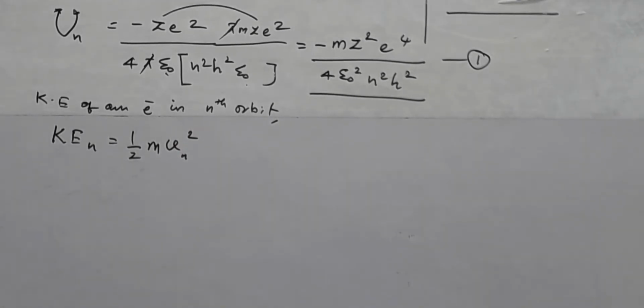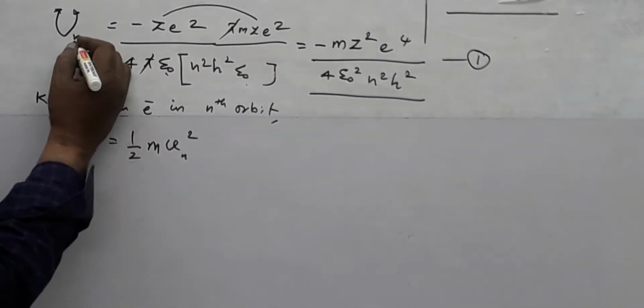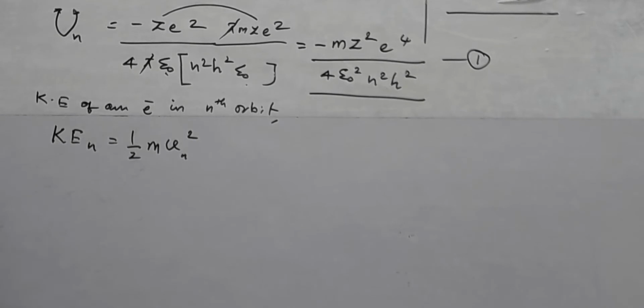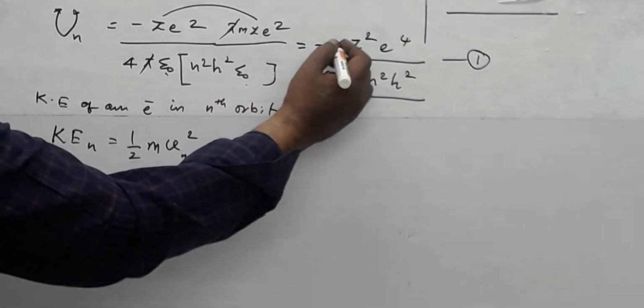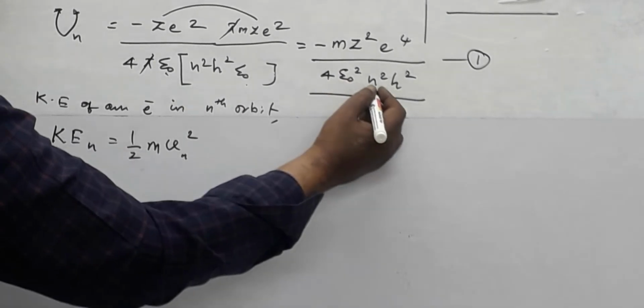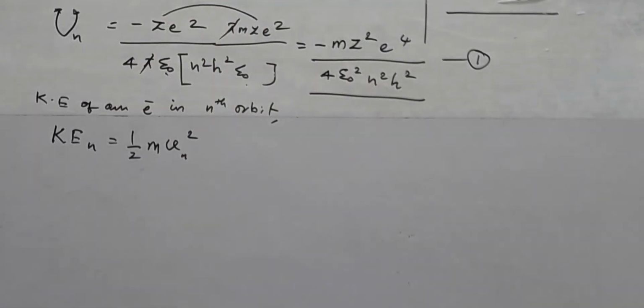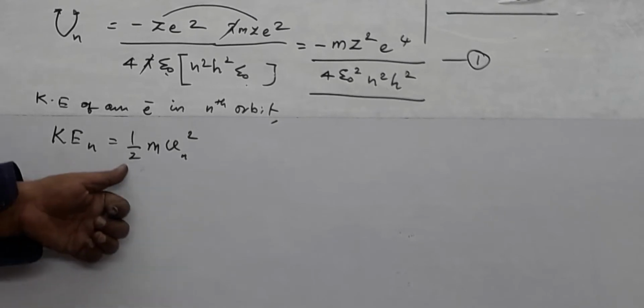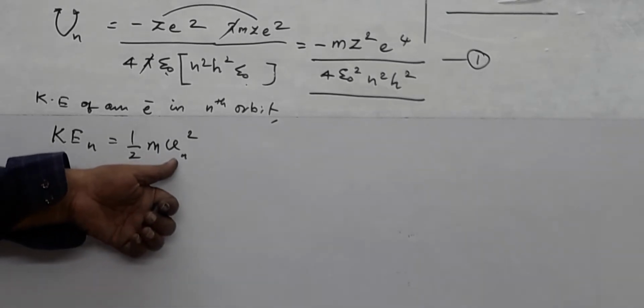Now what is the value of Un? Un is nothing but minus m Z square e power 4 divided by 4 epsilon naught square n square h square. Now the kinetic energy is equal to half m vn square.